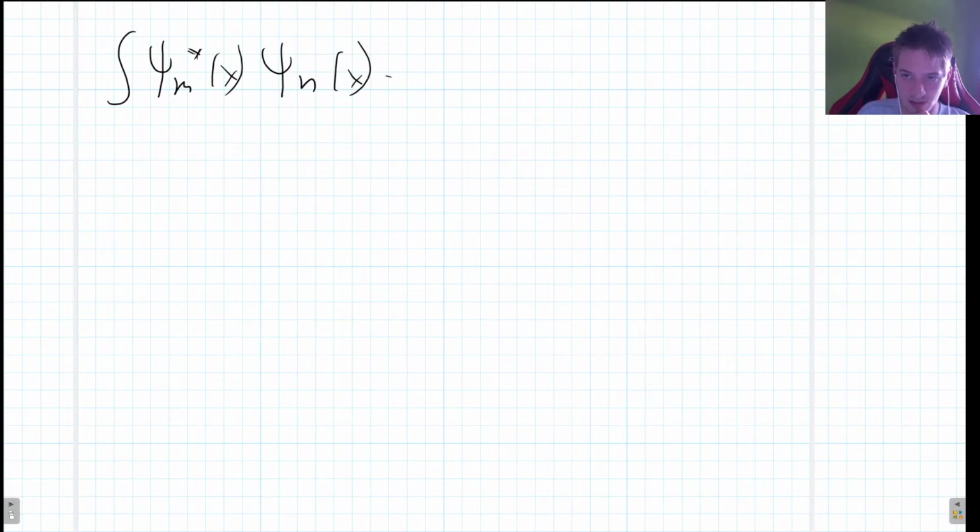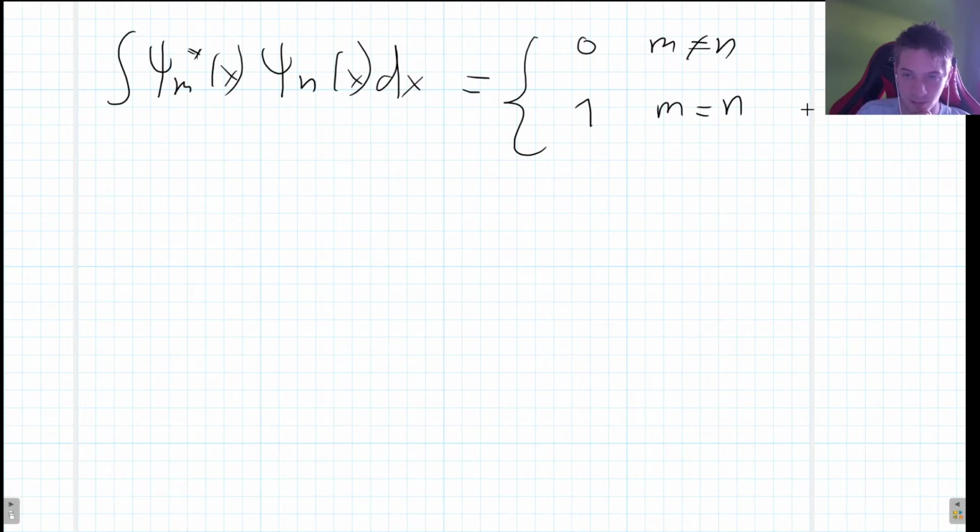So let us summarize this in the following way. Let us just write the integral of psi m of x, psi n of x dx. This is going to be 0 whenever m and n are different, or 1 whenever m and n are the same.